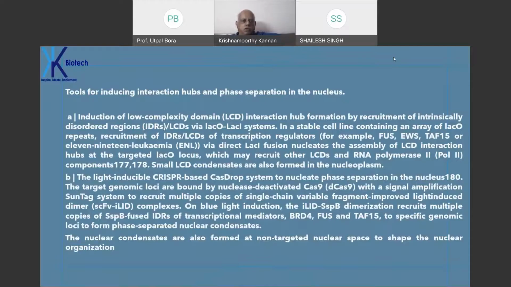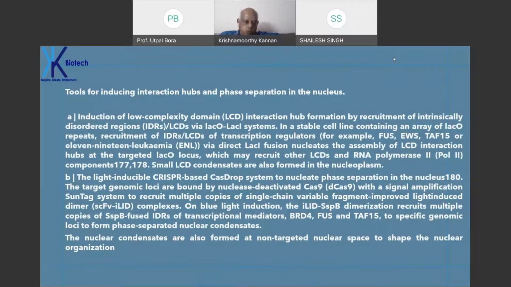Induction of low complexity domain interaction hub formation by recruitment of intrinsically disordered regions, or low complexity domains, in a stable cell line containing an array of lac repeats. Recruitment of intrinsically disordered regions or LCDs of transcription regulators may recruit other polymerases, and small LCD condensates are also formed.